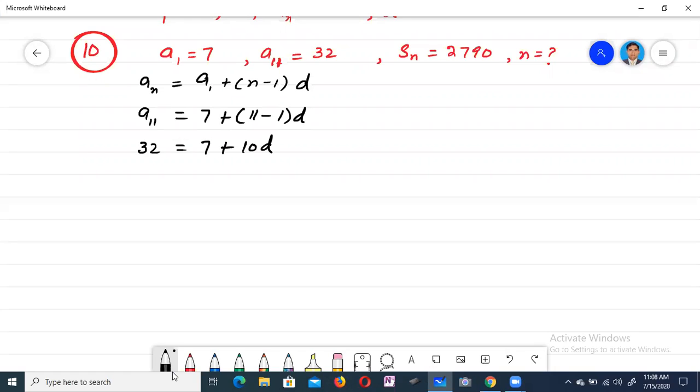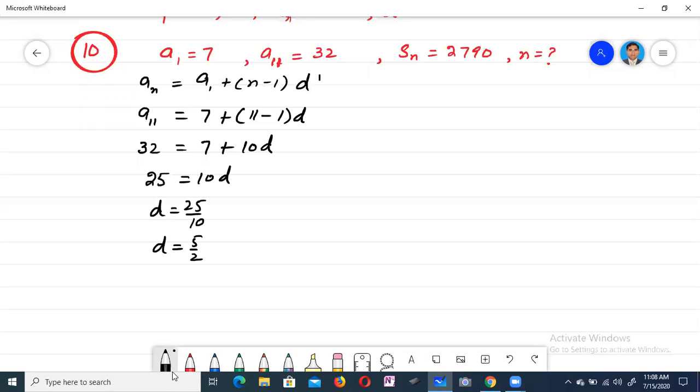From this we can get D. The 7 goes to the other side as minus 7, 32 minus 7 is 25, equal to 10D. Then D is equal to 25 divided by 10, and 5 fives are 25 and 2 fives are 10, so D is 5 by 2.